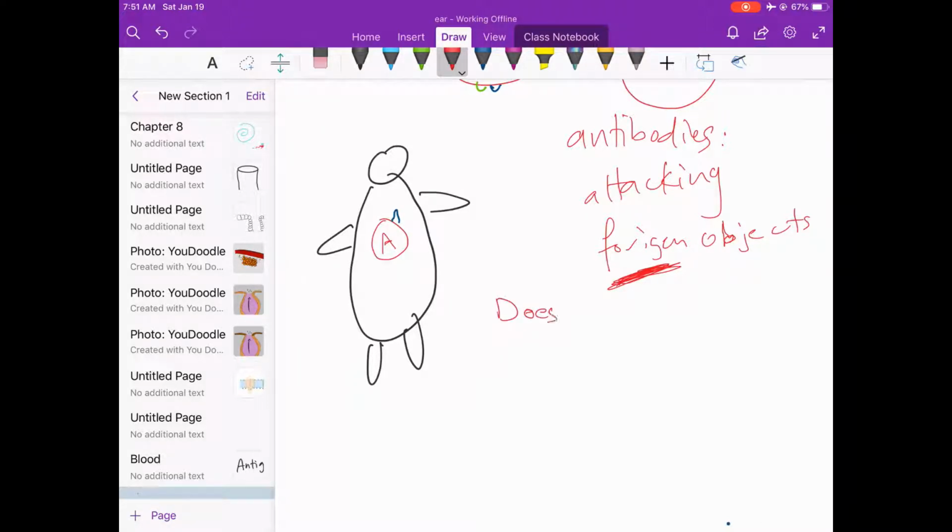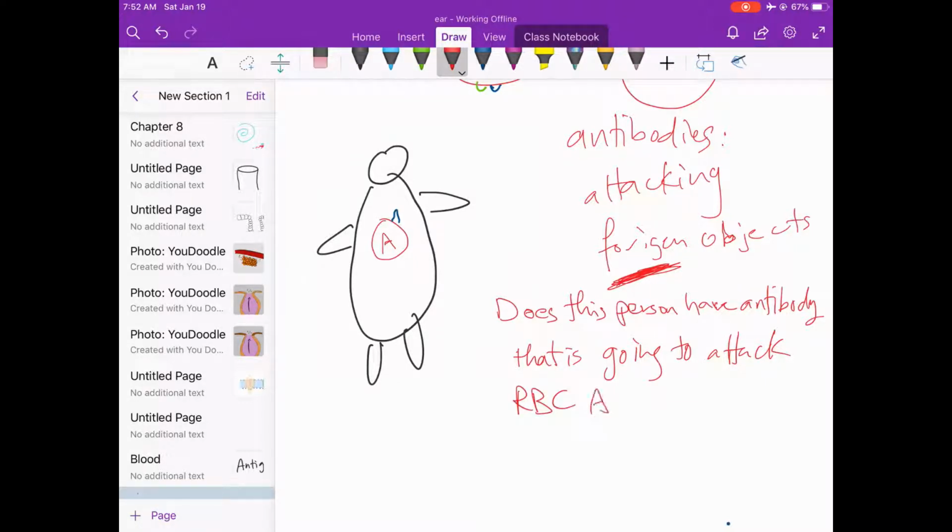Does this person have antibody that is going to attack blood group red blood cells A?